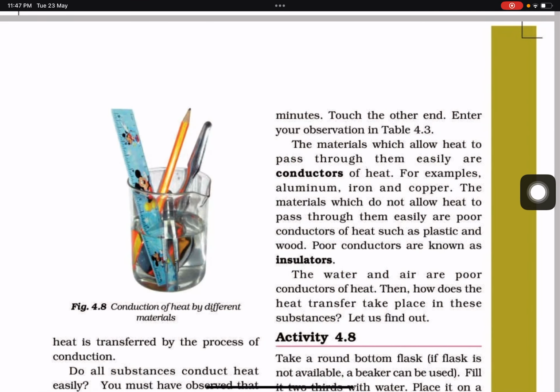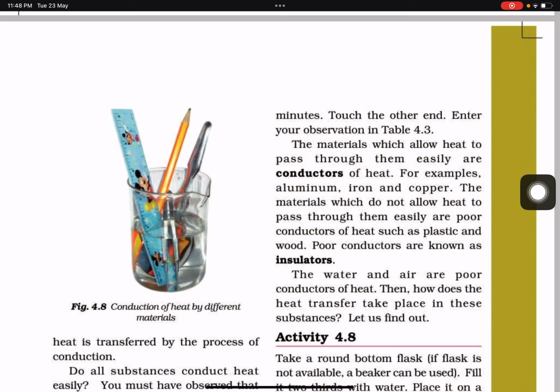Now there are conductors and insulators of heat. If you have learned in class 6th science, you have seen electrical conductors and insulators; it is just similar with heat.